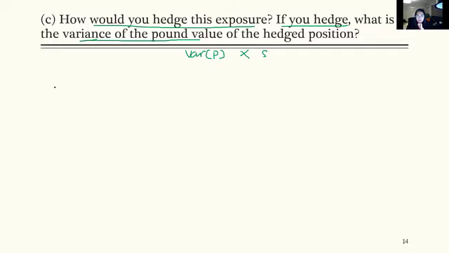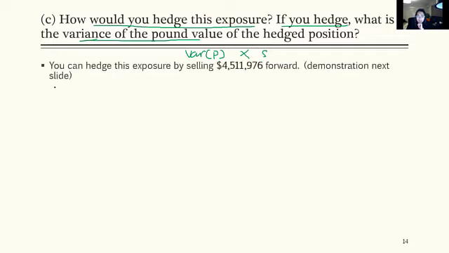So we mentioned before with question A that when we computed the beta coefficient, the size of the coefficient tells us the size of the short forward that we need to enter to hedge this position, okay? So how do I know that I'm going to enter into a short forward? That's because in my underlying asset, I have a long position, okay? I have an asset in the foreign currency, that's a long position, yeah?